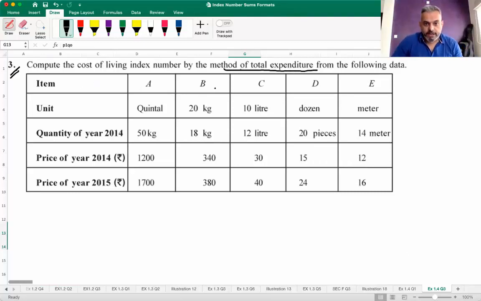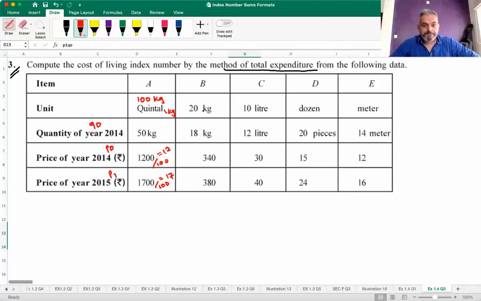So item A, B, C, D, E, unit, quintal. So 1 quintal is 100 kg, but we are consuming kg. So we have to convert quintal to kg, and this price divide by 100. So this will become 12 and this will become 17. This is Q0, P0 and P1.